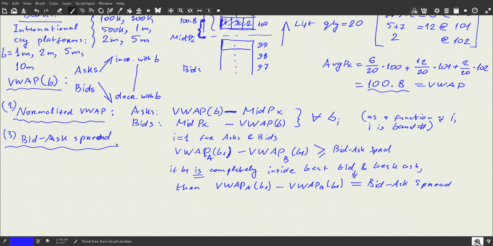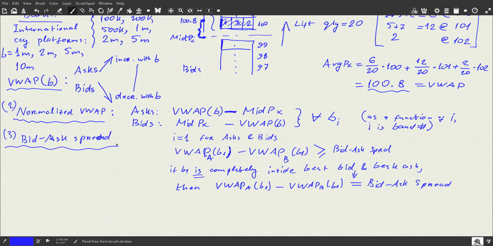So what is missing? The dynamic features are missing, all right? And that is very important, ultimately important. So, so far, we only consider the various measures of order book construction and imbalance.